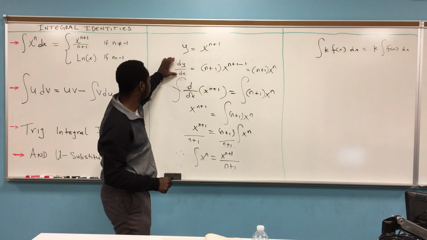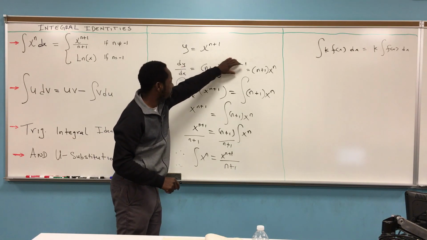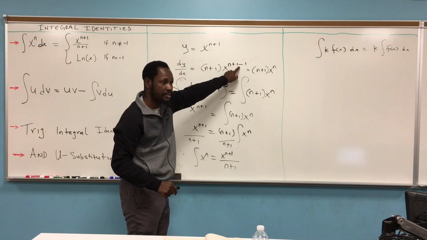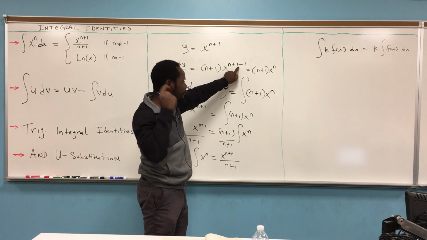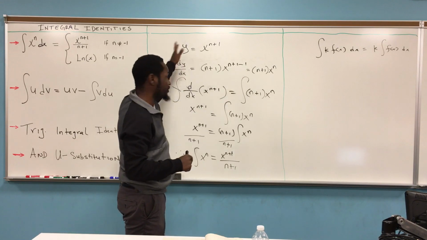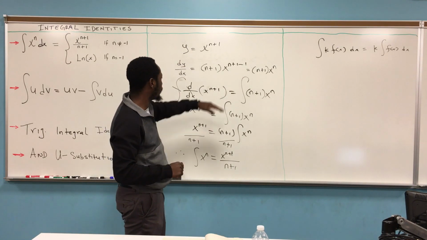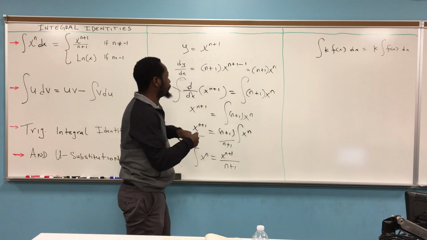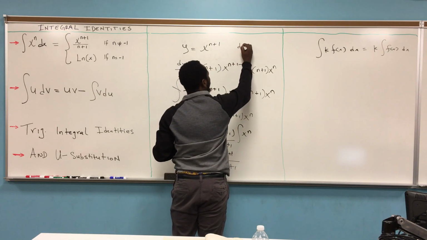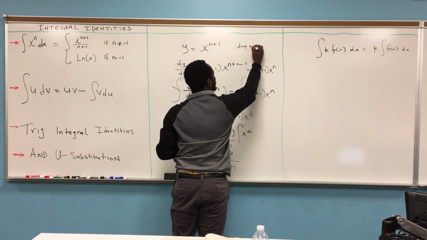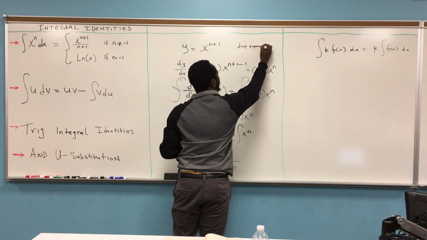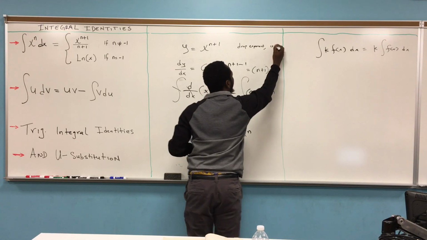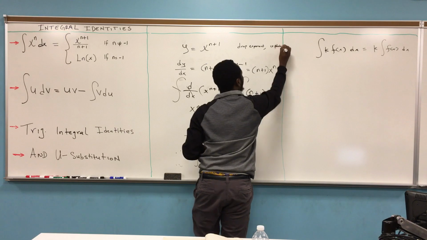We know that when we take the derivative of the function, the exponent drops and the exponent is updated by subtracting 1. So when you take the reverse, which is the integral, you add 1 and then divide. So differentiation: you drop the exponent and update it by subtracting 1.